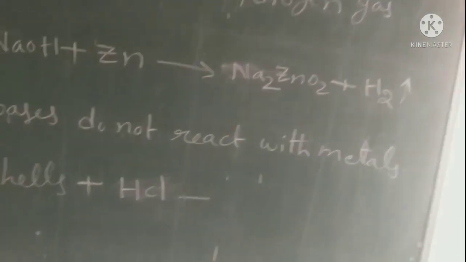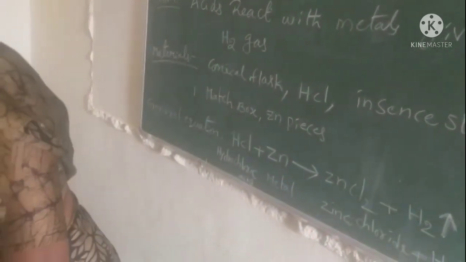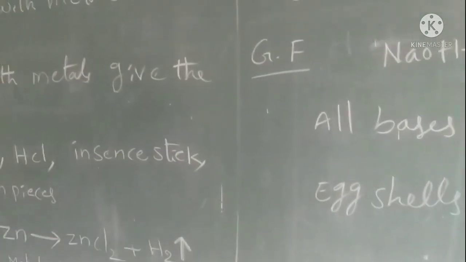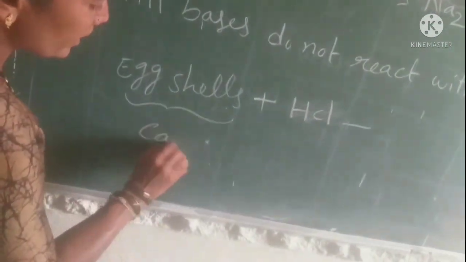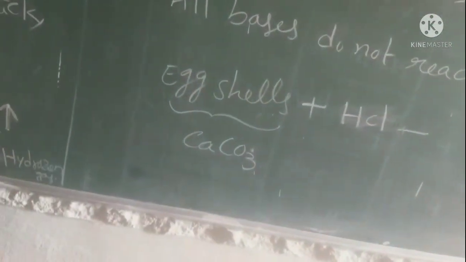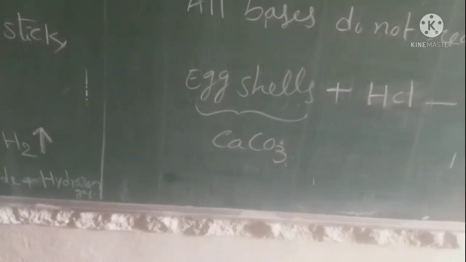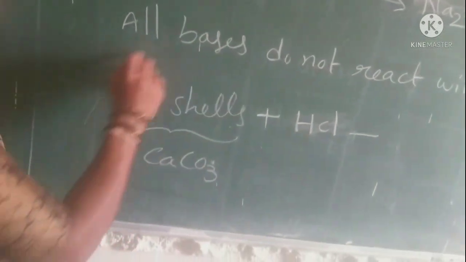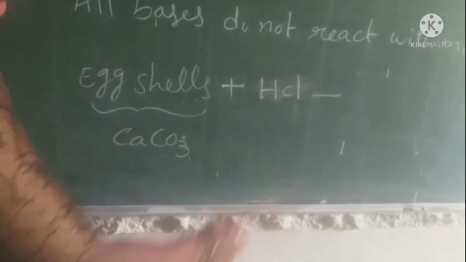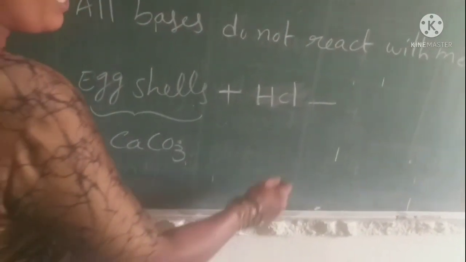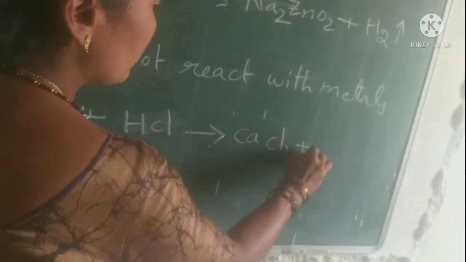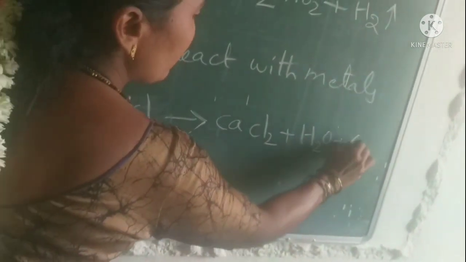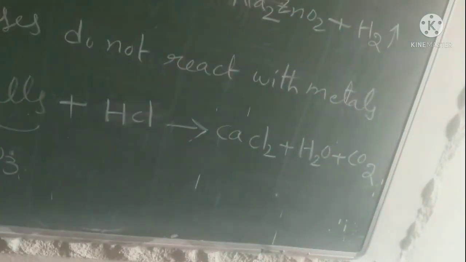Egg shell is made of calcium carbonate. This is very light in weight compared to the acid. It gives calcium chloride, water and carbon dioxide.